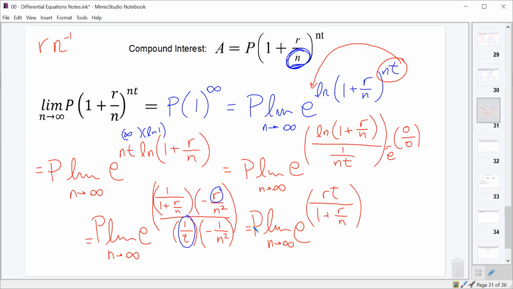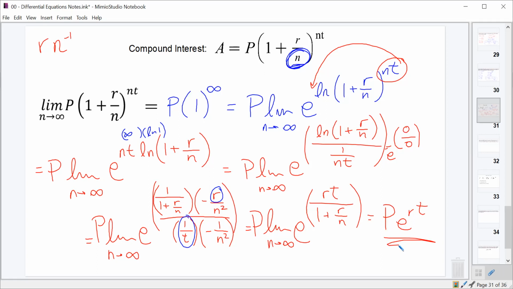And now 1 plus r over n in that denominator is, as n goes towards infinity, r over infinity is 0, and 1 plus 0 is 1. And so this just becomes P times e to the power of rt, which should be a formula that you are quite familiar with from pre-calculus or the math class that you took before that, integrated math 3 most likely.